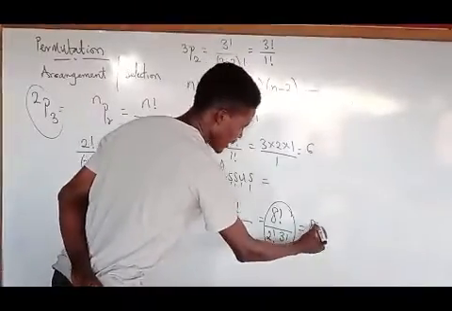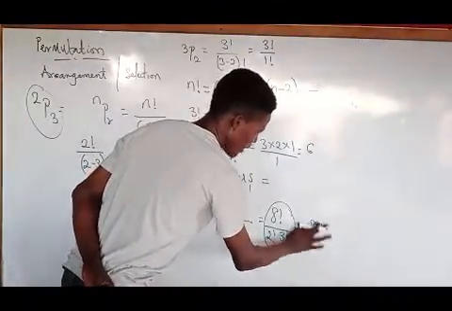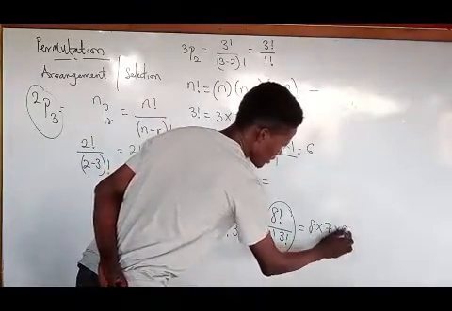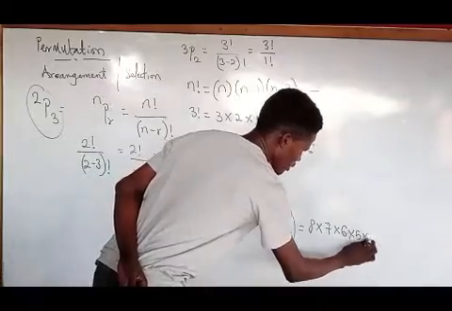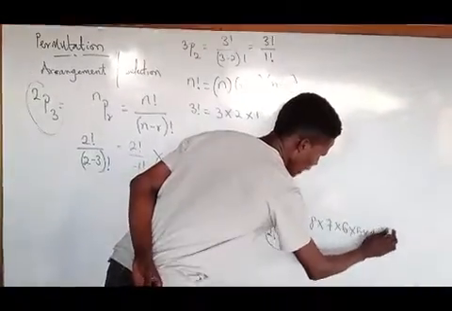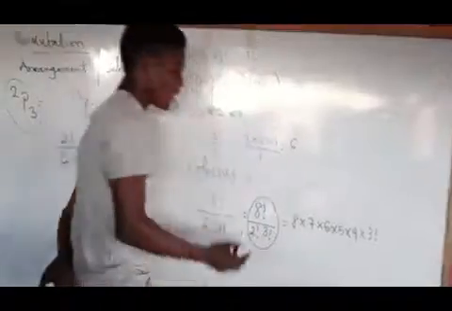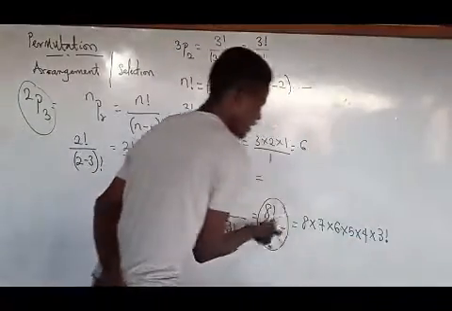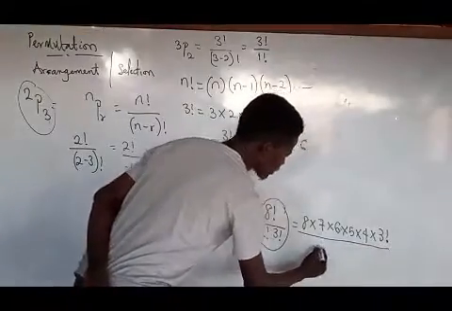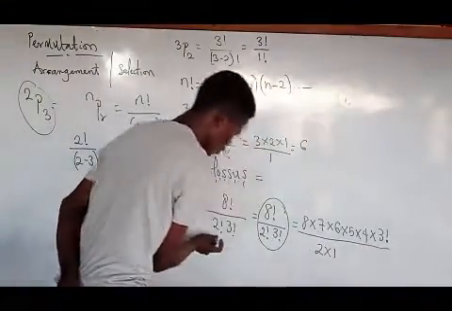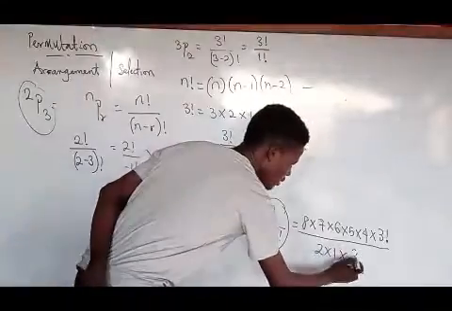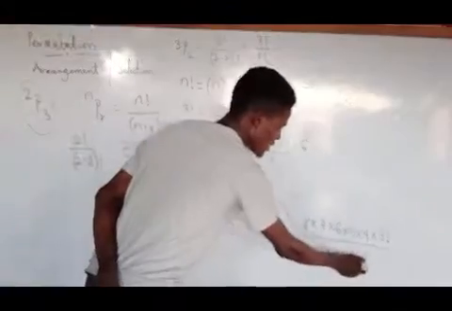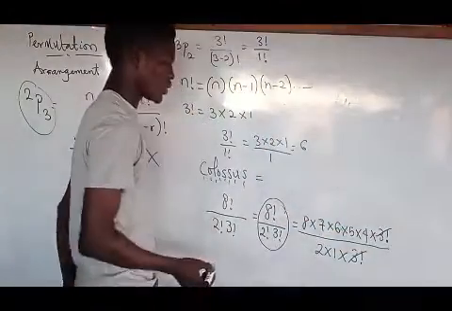This one is going to be 8 multiplied by 7 multiplied by 6 multiplied by 5 multiplied by 4 multiplied by 3 factorial. Now you might be asking yourself, why am I stopping at 3? Why didn't I go on to 2 and 1? The reason why I'm stopping at 3 is because I have 2 times 1 down, which is 2 factorial, multiplied by 3 factorial. Now 3 factorial at the top, we cancel with 3 factorial at the bottom.